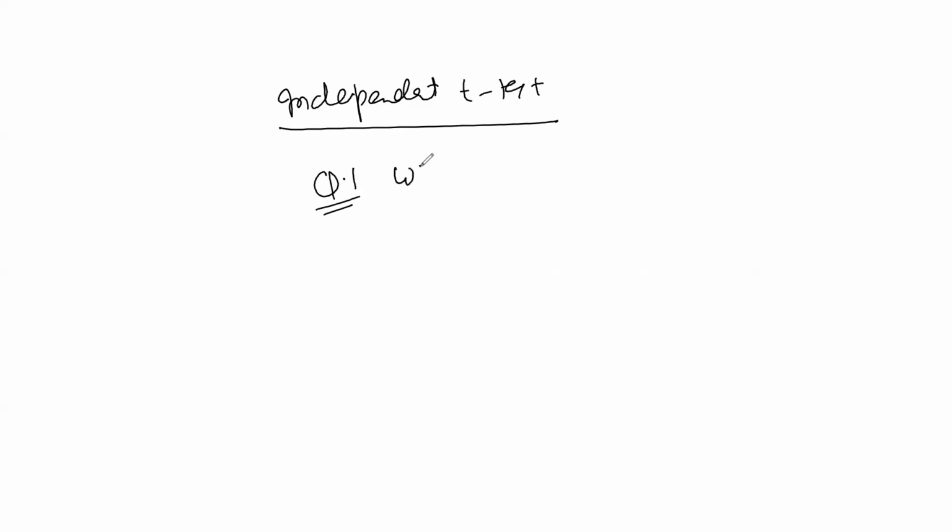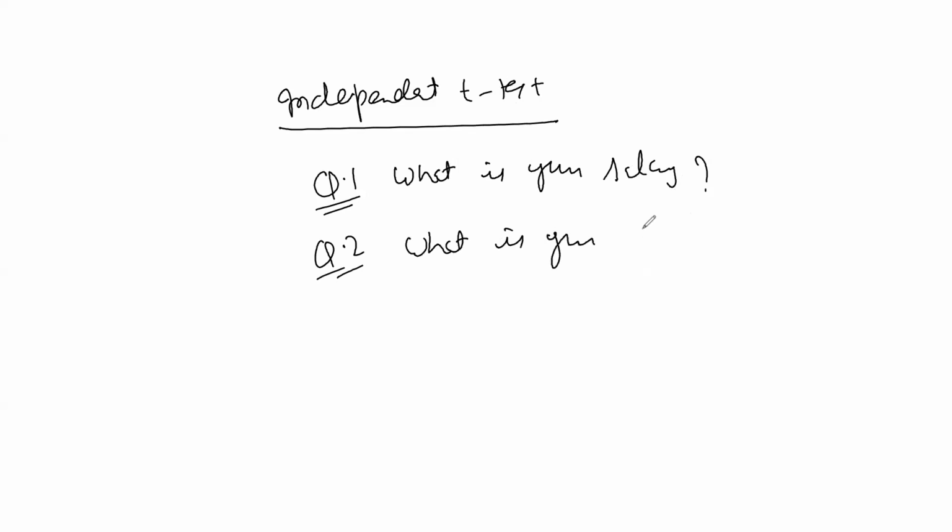Continuous means, for example, what is your salary? We can express salary in terms of rupees. And second, what is your gender? So we can compare the salary of male and female.